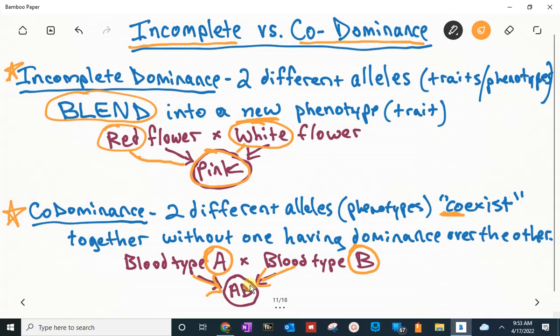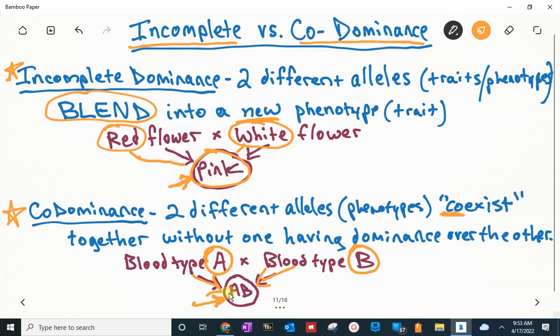So now this is different than the incomplete dominance where the red and white blends together into pink. In this blood type, the A and B go together, and instead of them turning into a new phenotype that's in between A and B, they end up both existing at the same time.